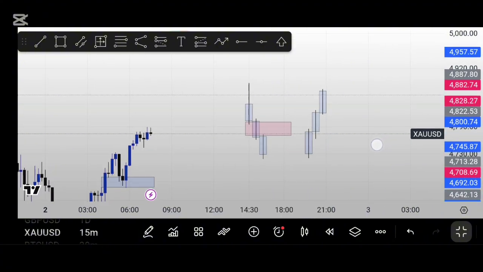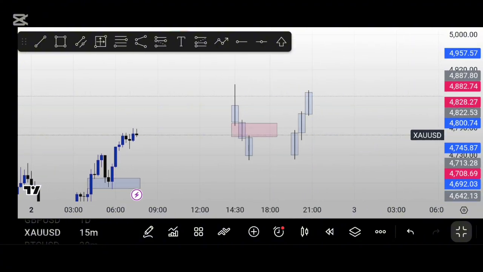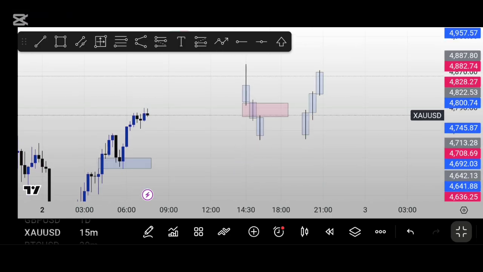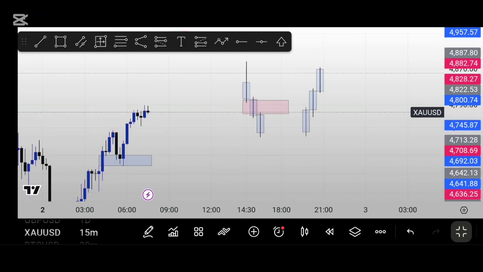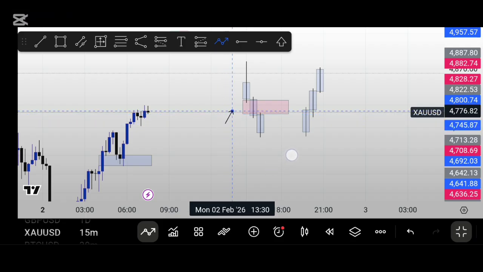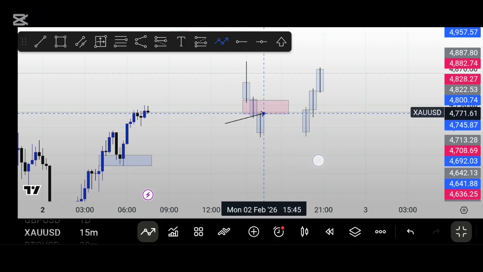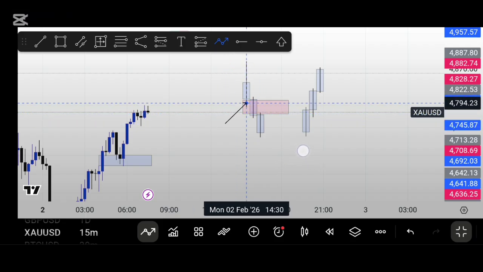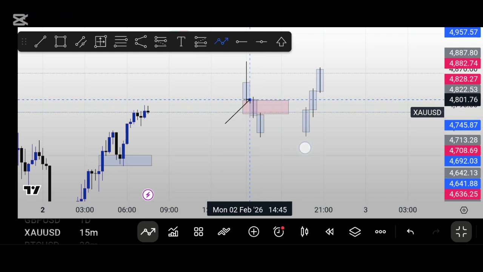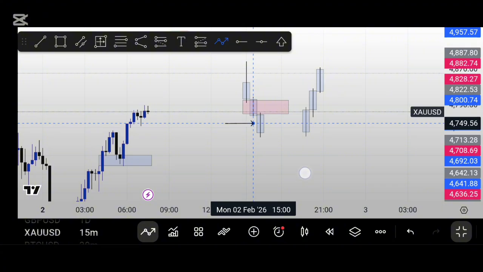This red side is the fair value gap, because these things are touching. You can see that here and here have to be connected together. That's what makes the gap. So this middle is the gap. That's why we call it fair value gap, you understand?